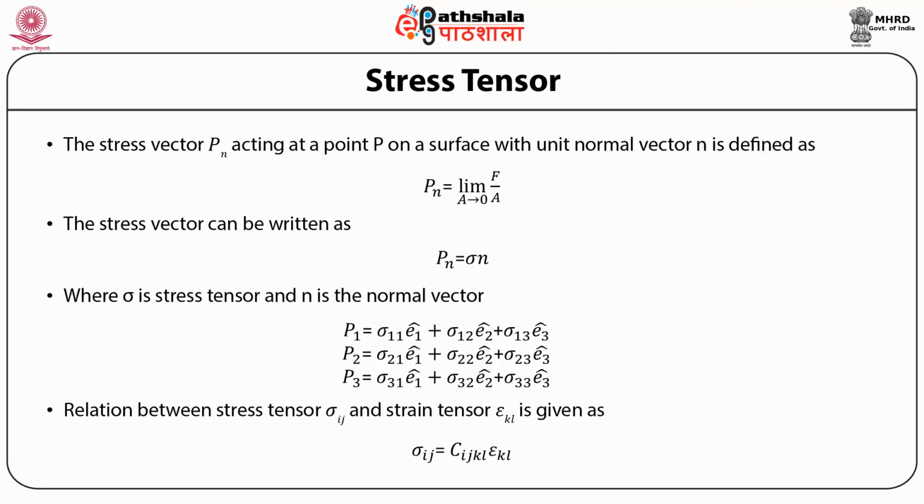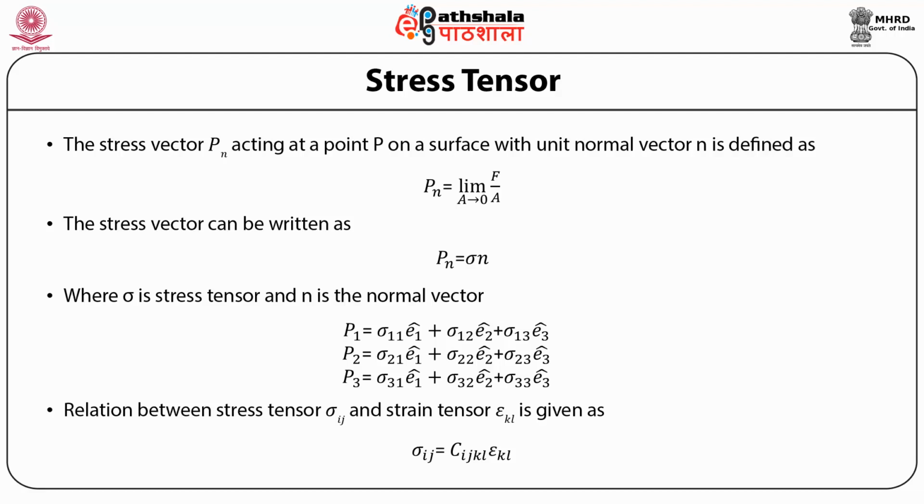Now here sigma 12 is the stress along the e1 direction acting on the plane with a normal vector parallel to the e2 axis. Therefore, in this case, sigma 12, the stress is tangential to the surface of the plane and is called shear stress.